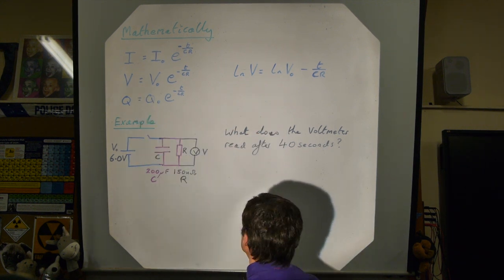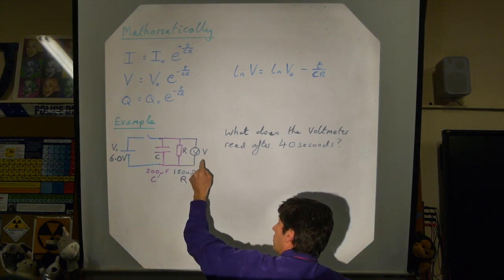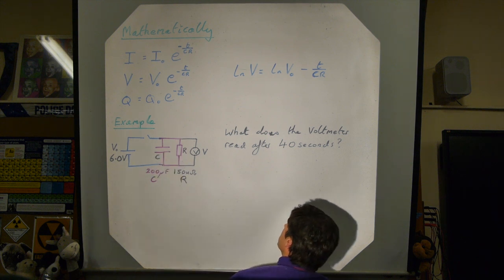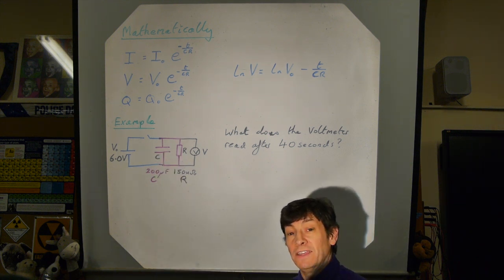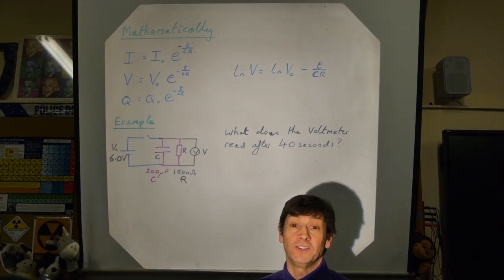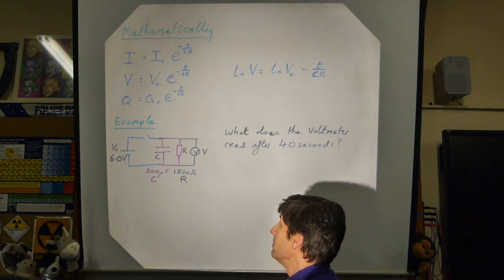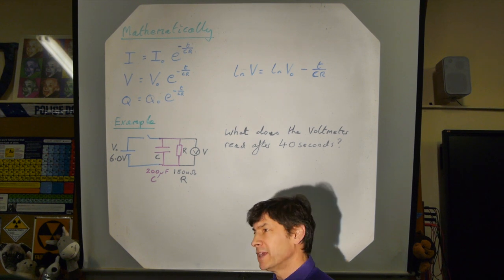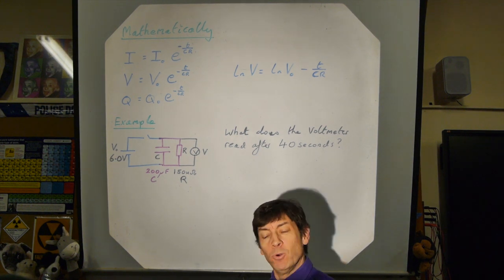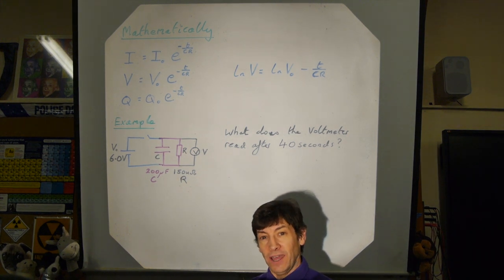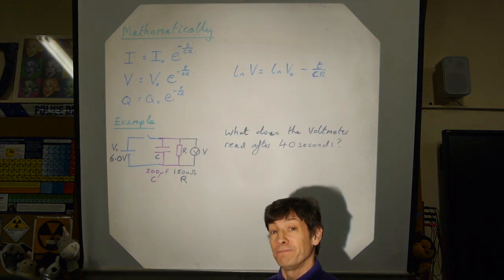That will give us the left-hand side, and it will give us the voltage on the voltmeter after this has been switched off and the capacitor has been discharging for 40 seconds. So let's see if we can do that calculation, or maybe even better, spacebar, pause the video now. Is it K as well on the keyboard in YouTube? Pause the video now, work it out for yourself, see what you get, and then I'm going to work through it with you in a minute.